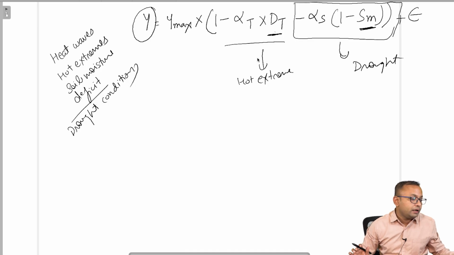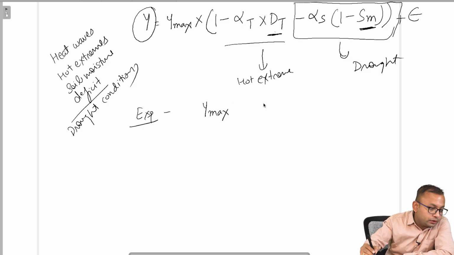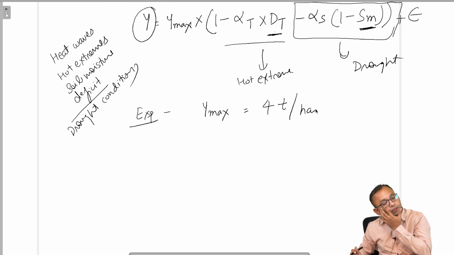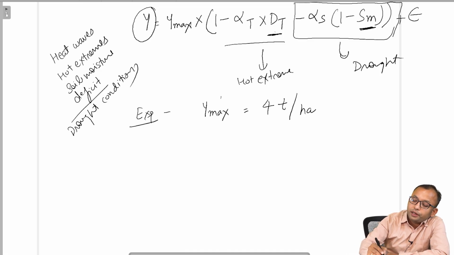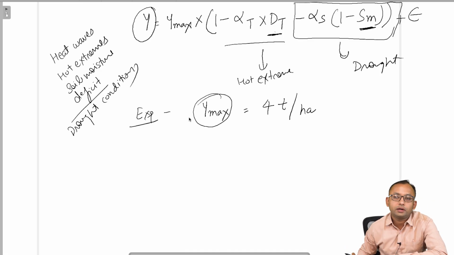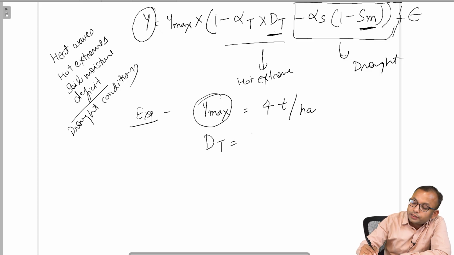So, let us take some numerical values and then we will be able to understand. Suppose this is an example: y max is equal to 4 tons per hectare. This is what we observed, the maximum value of crop yield during non-extreme conditions. Let us say we have observed dt is 7 days above a critical threshold.